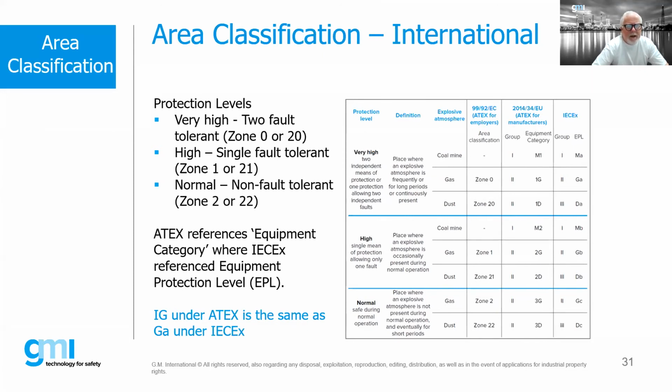When we're talking about Ex equipment suitable for high risk areas, we have to have a very high fault tolerant design. That's why intrinsically safe barriers are typically one of the only protection methodologies approved for zone 0 environments. And zone 0 is an environment in which the flammable gas air mixture is present pretty much continuously.